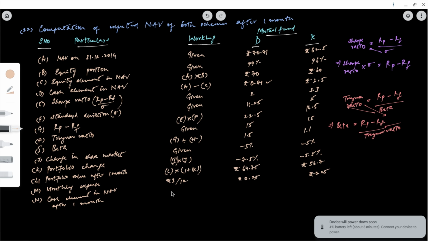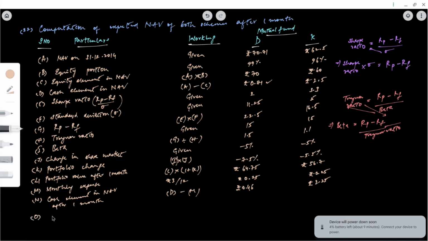So it is D minus M, right? So 0.71 minus 0.25, it is 0.46. Similarly, in case of K, it will be 2.5 minus 0.25. That is rupees 2.25. Right.